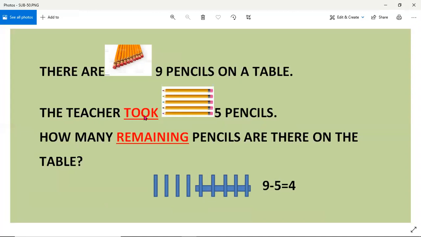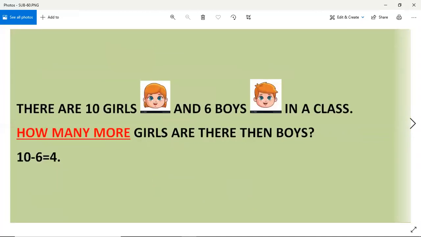So took and remaining are your signal words, and there were in all 9 pencils, out of which the teacher took 5 pencils, 1, 2, 3, 4, and 5. So you are left with remaining 1, 2, 3, and 4 pencils. Understood? Now let us see one more word problem.